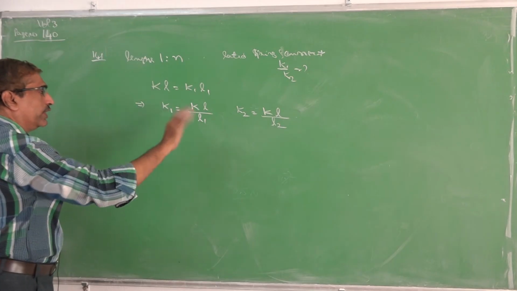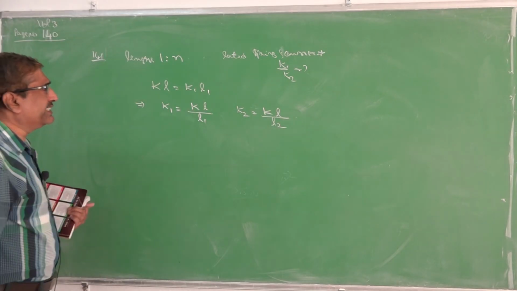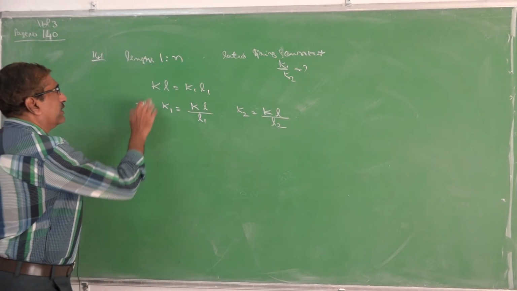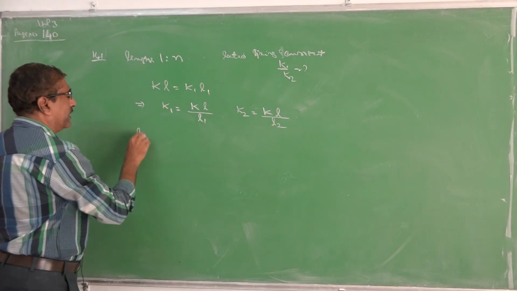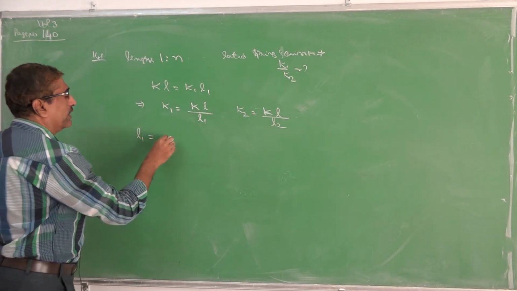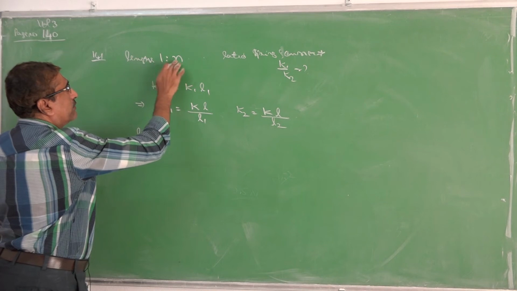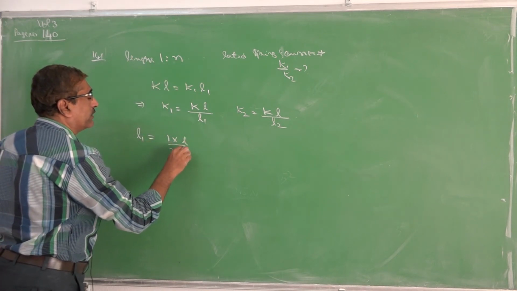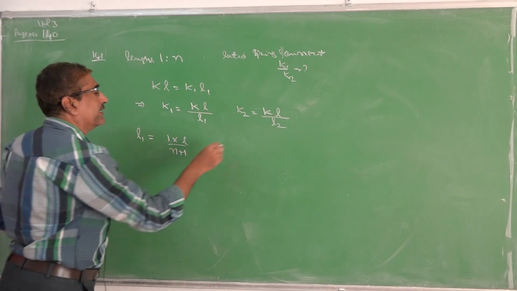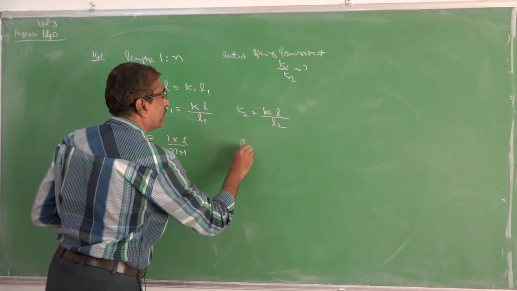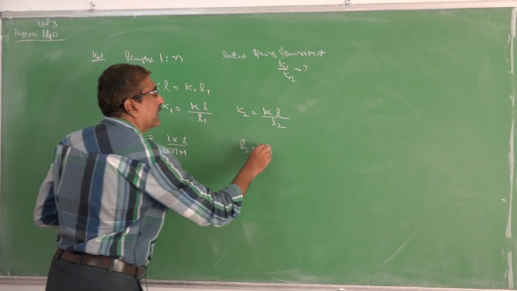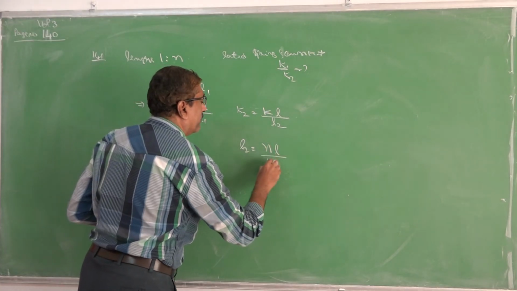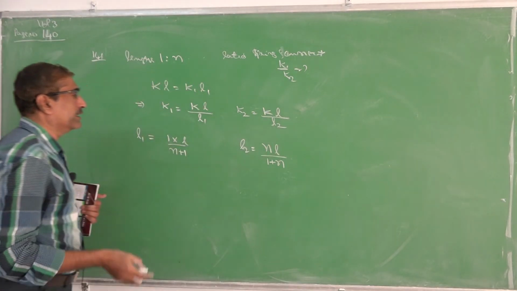Suppose L is the length, then L1 is equal to 1 into L by (n plus 1), and length L2 is n into L by (1 plus n). So these are the two lengths.